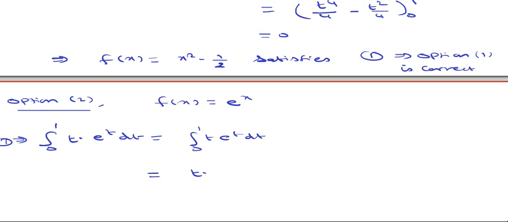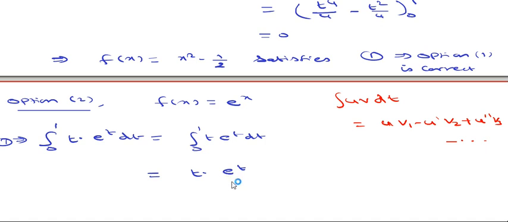If u and v are functions of t, then this is equal to u v1 minus u dash v2 plus u double dash v3 minus etc. So this is the generalized Bernoulli's formula, where u dash, u double dash are derivatives and v1, v2, v3 are integrations of v.